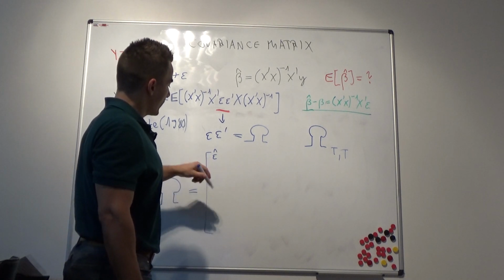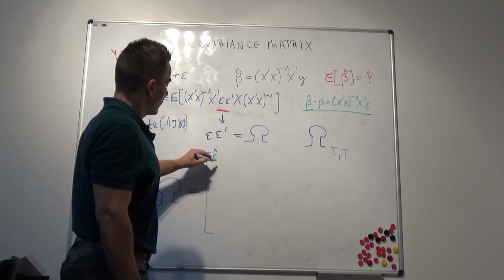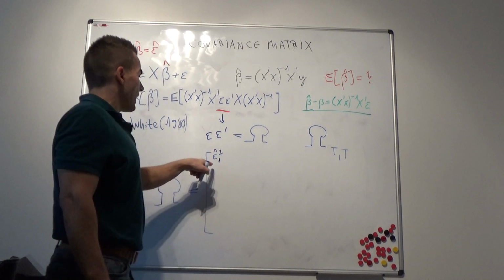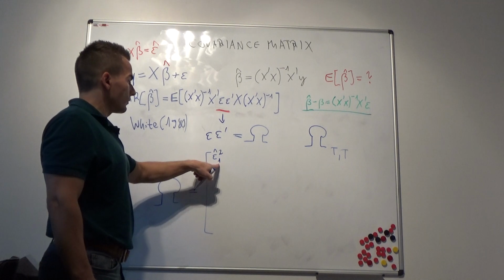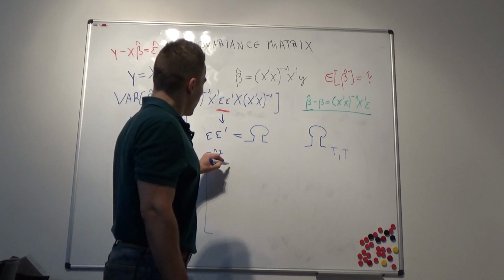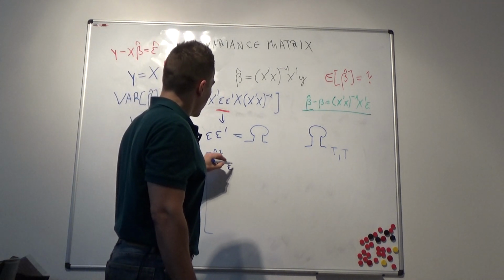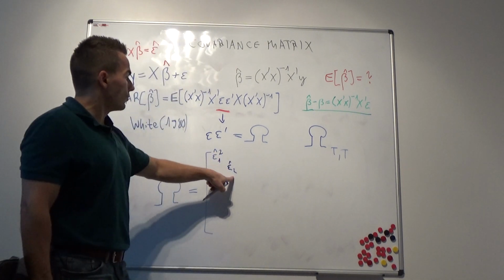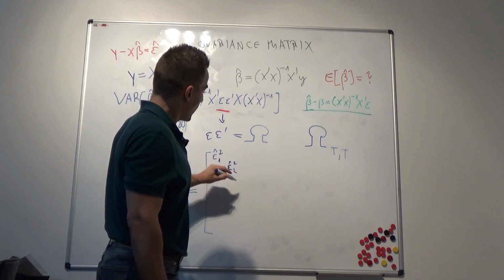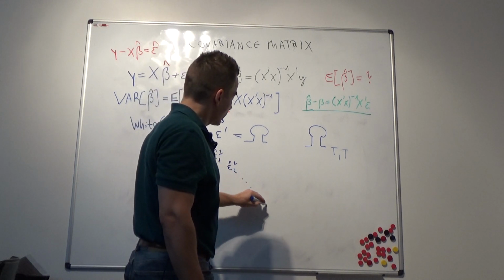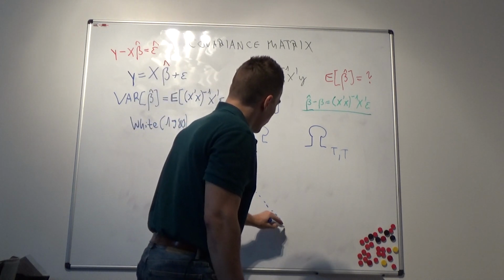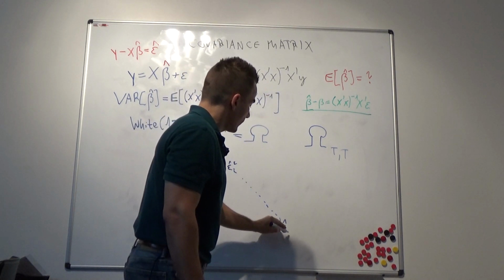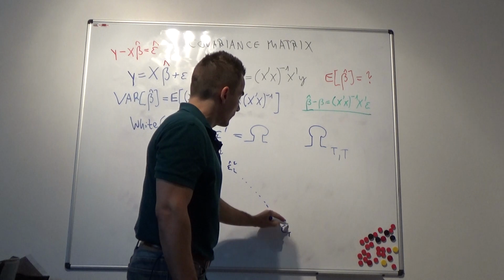The first element would be the squared estimated residual at time 1. The second element on the main diagonal is the estimated residual at time 2 squared, and so on. The last element on the main diagonal would be the estimated residual epsilon hat T squared.